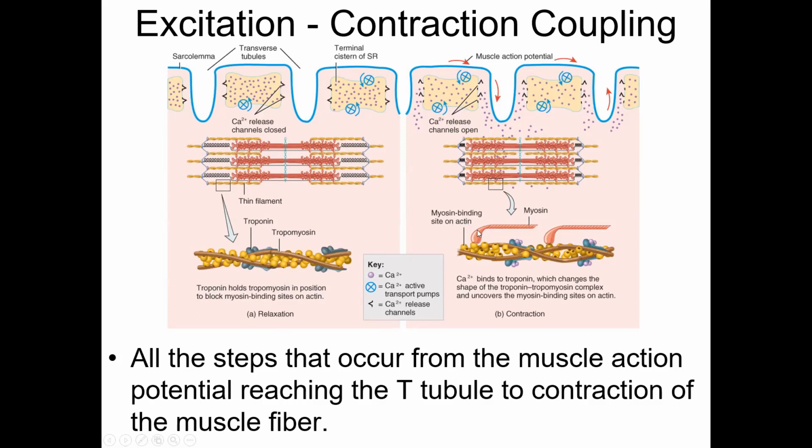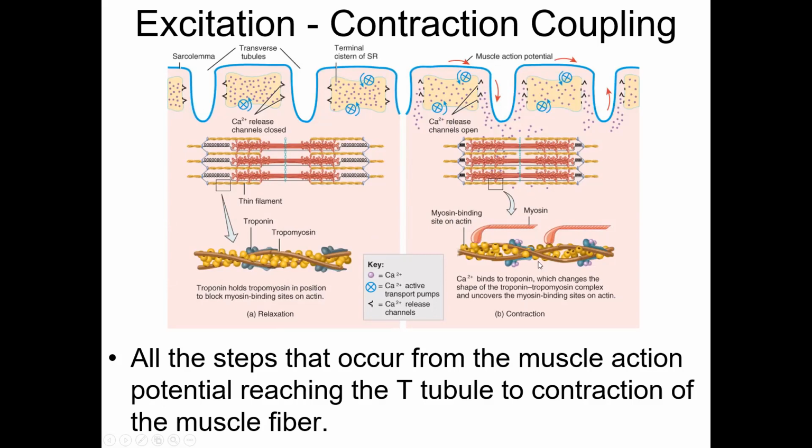If you want myosin head groups to contact the thin filaments and begin contraction, we have to go through this step. So we need to have the muscle action potential, the flow of sodium ions into the cell. That will release calcium from the sarcoplasmic reticulum. And you see these purple calcium ions flooding into the sarcomere.